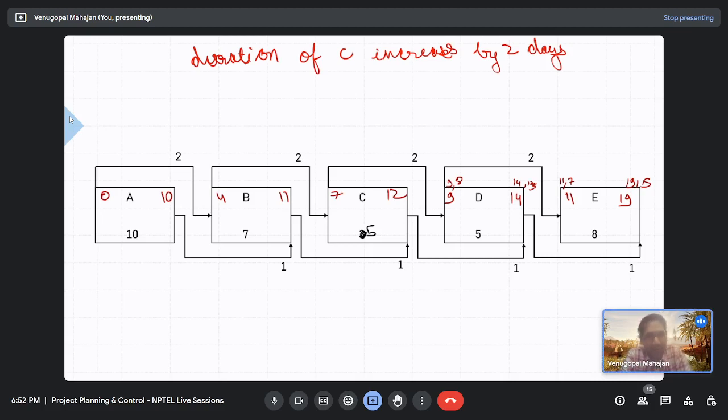See, in this kind of network, C is not a critical activity. C is not a non-critical activity. C here is a reverse critical activity. Okay, so what do you mean by reverse critical activity?